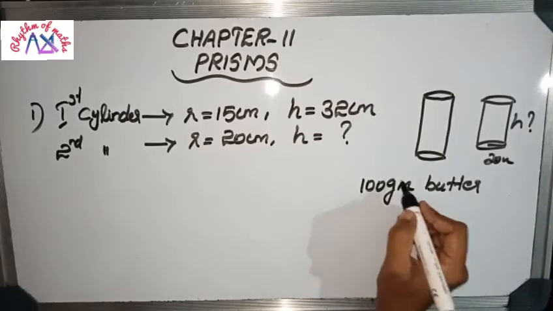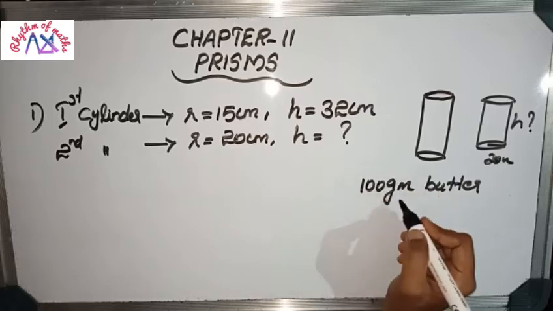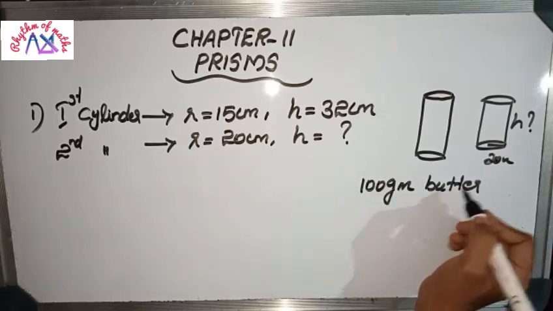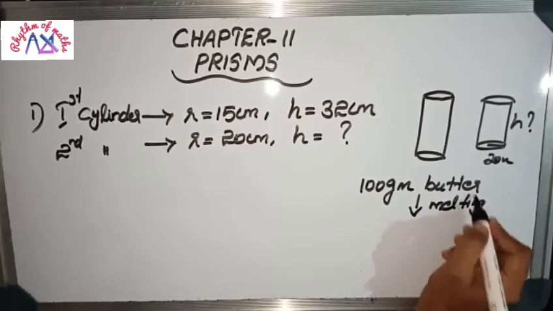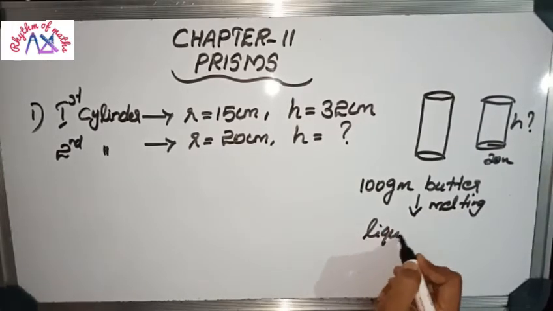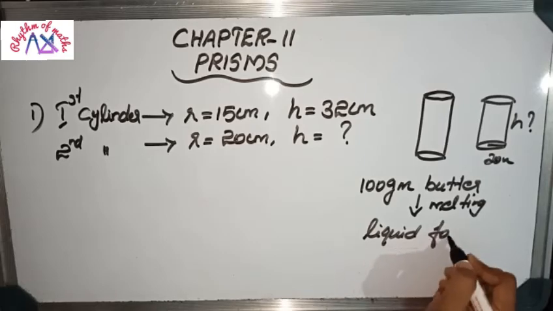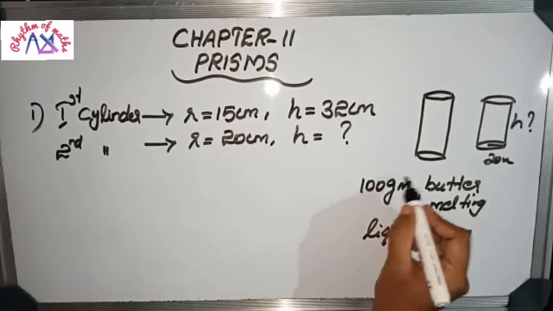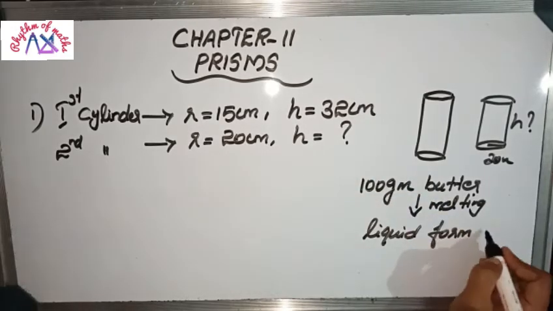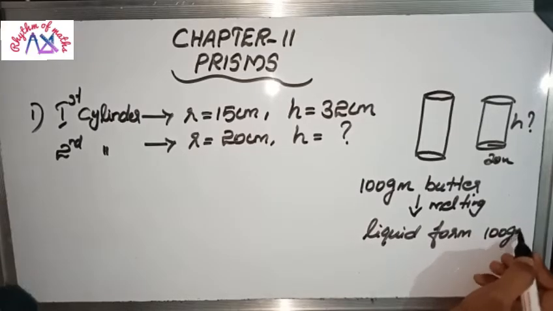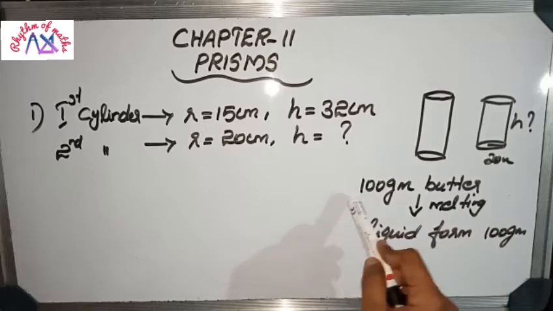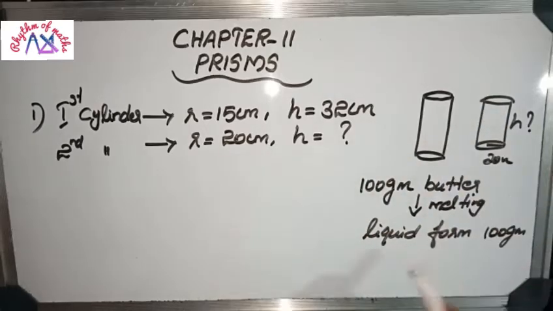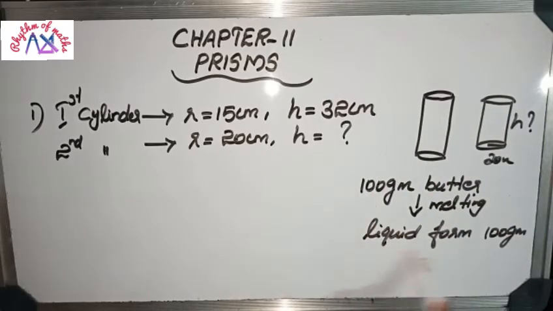Is there any change in the gram? That liquid form is also the same measurement, 100 gram, because we are not removing anything. The same 100 gram butter we melt, we get the same 100 gram liquid form.